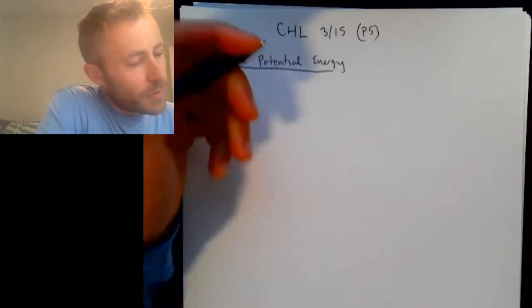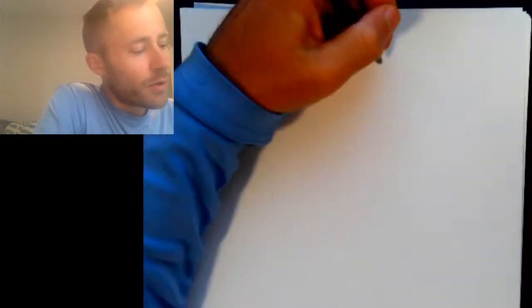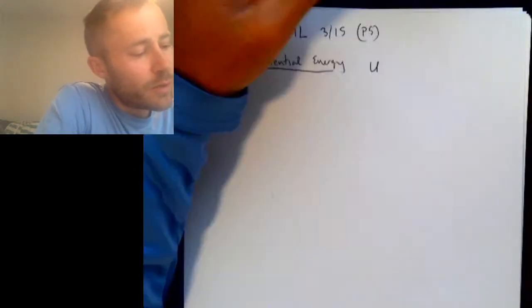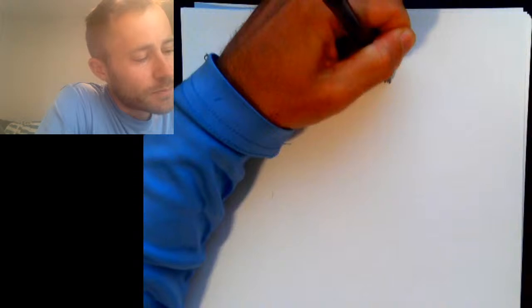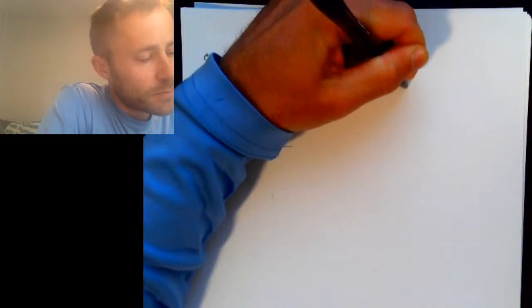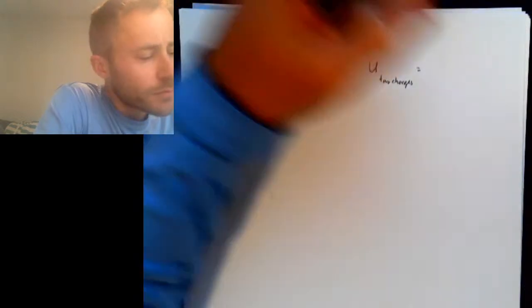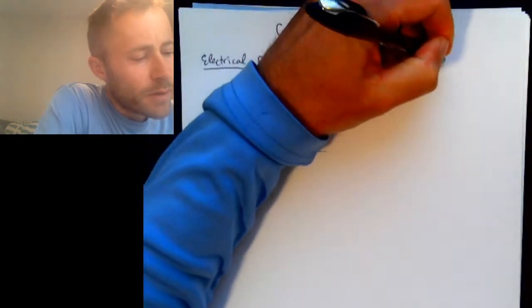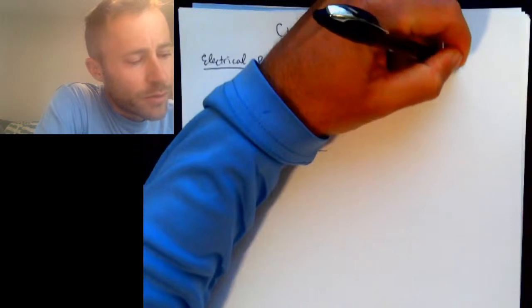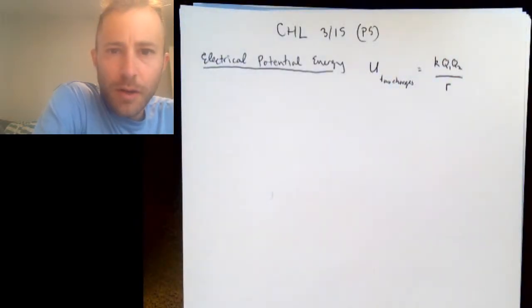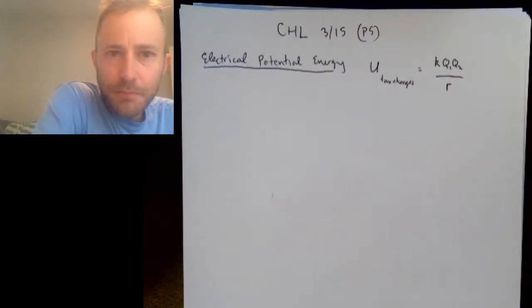So let me give you a formula for the electrical potential energy between two charges. All right. It is going to be k Q1 Q2 over R. Okay. And that's it.